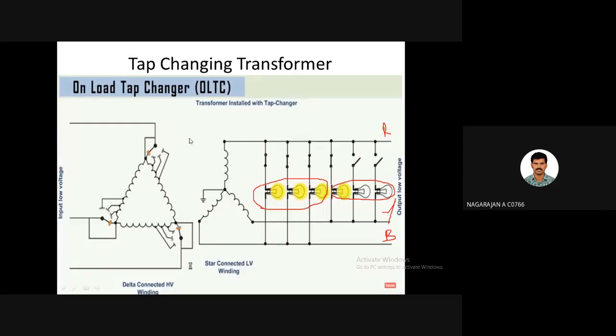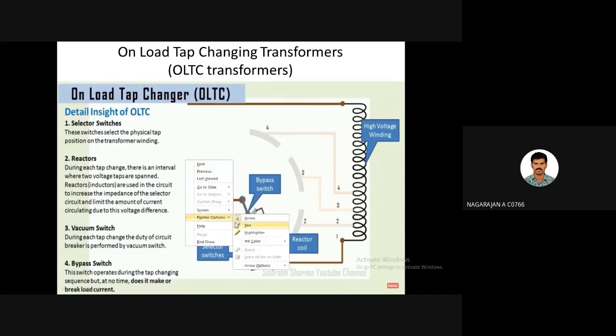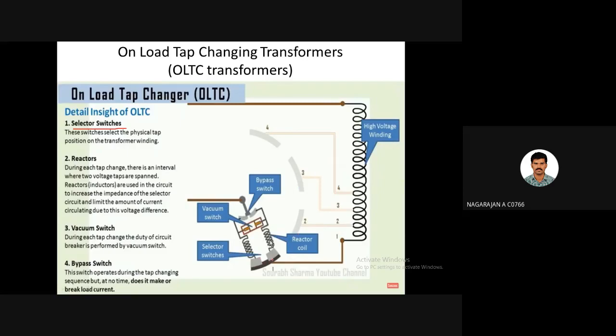Okay, so the on-load tap changing diagram is given here. These are the major parts, and the working and important function of all the major parts has been given here. So let us go one by one. Selector switch. This selector switch is located here, and it is going to select in which tap the circuit should be placed.